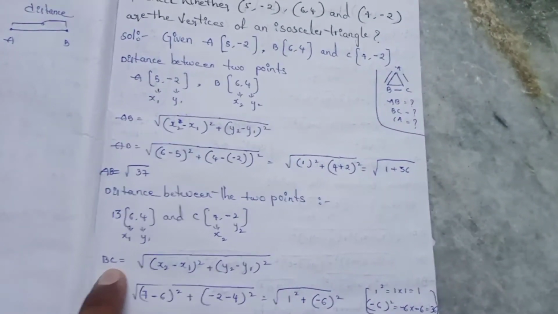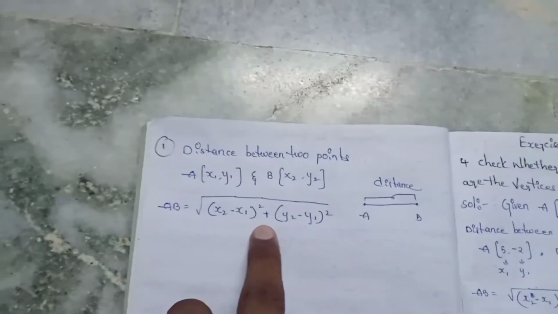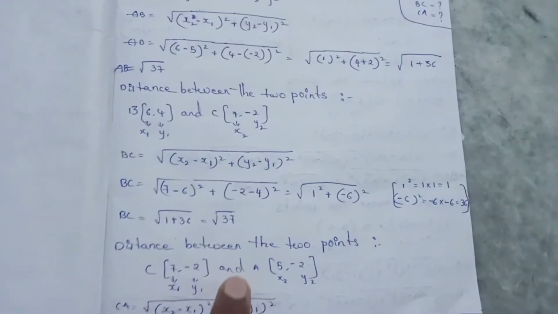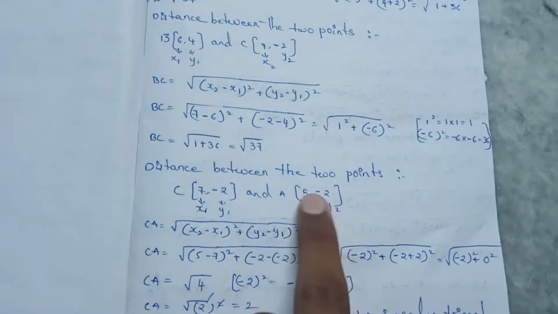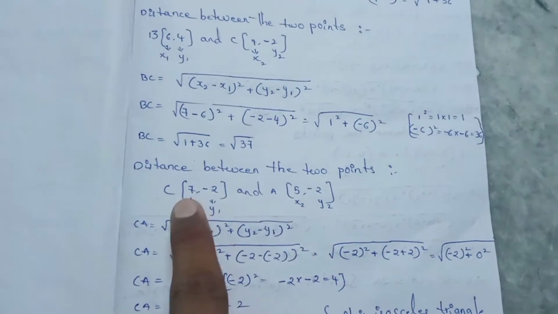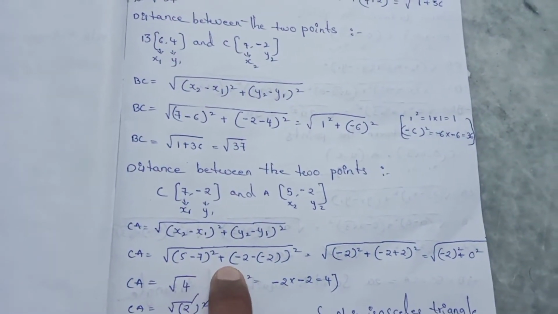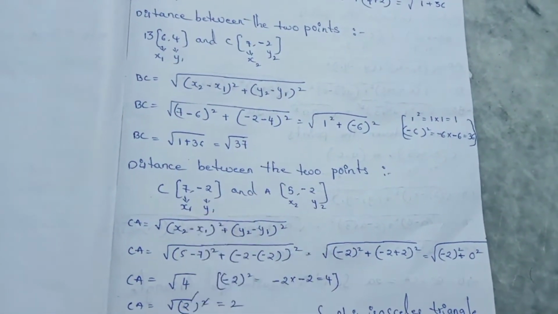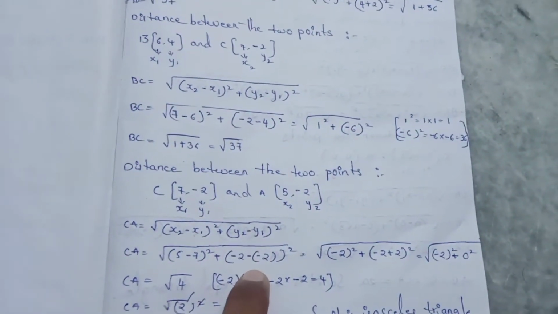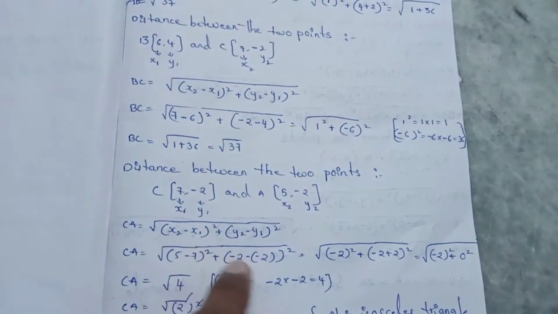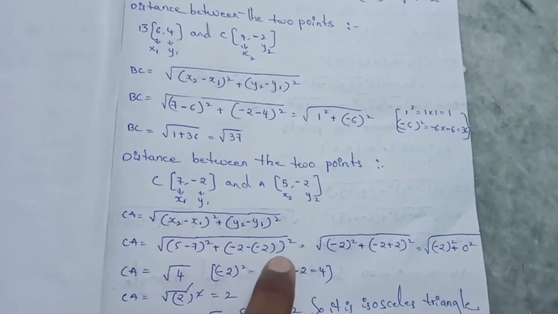BC is root of (x2 minus x1) whole square plus (y2 minus y1) whole square. I have written the formula as it is here. Now, (7 minus 6) whole square plus (y2 minus y1), where y2 is minus 2 and the minus is repeating.